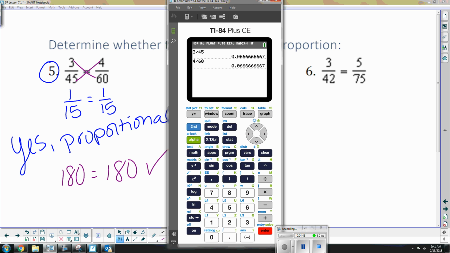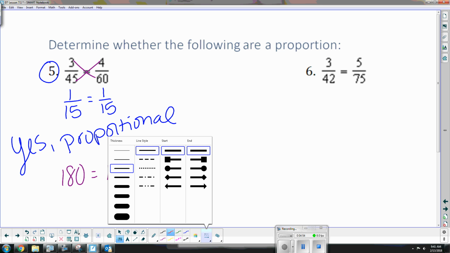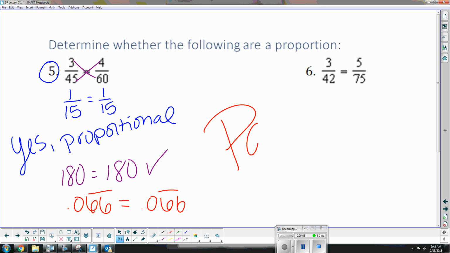Yes, those are equivalent expressions. 0.066 repeating equals 0.066 repeating. All right, so try this next one on your own. You can pause the video while you work, and then unpause the video for the solution.